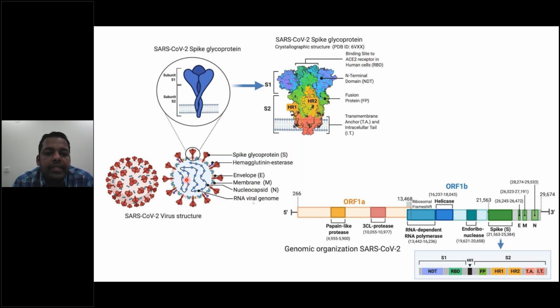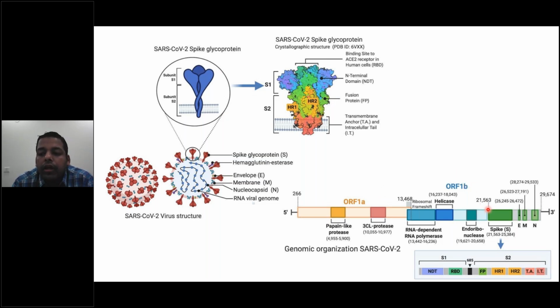Now, as far as the genome is concerned, this is an RNA genome, and on this genome are 2 areas, the ORF1A and the ORF1B.